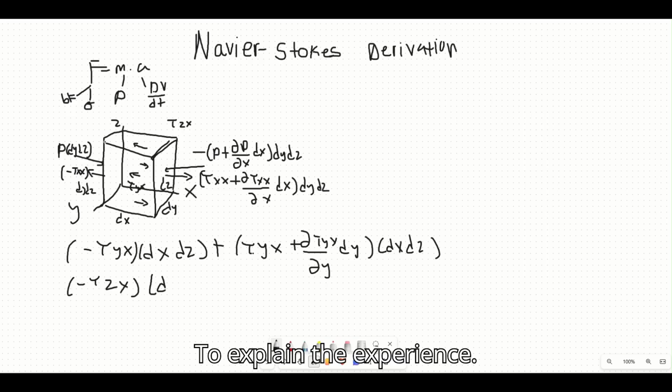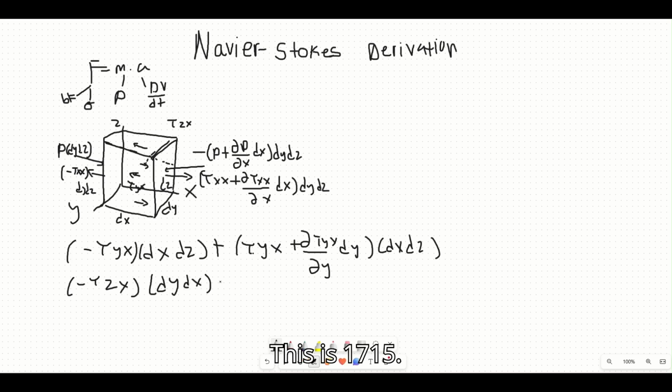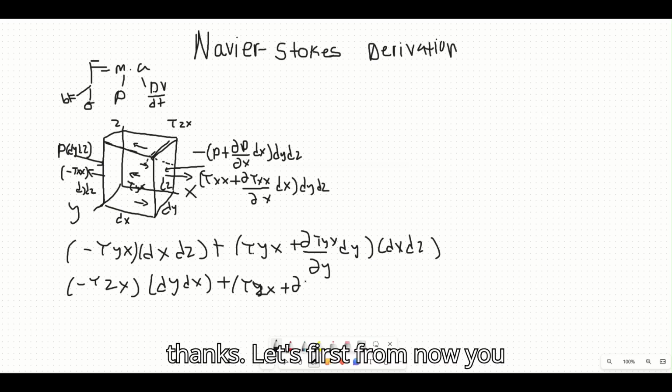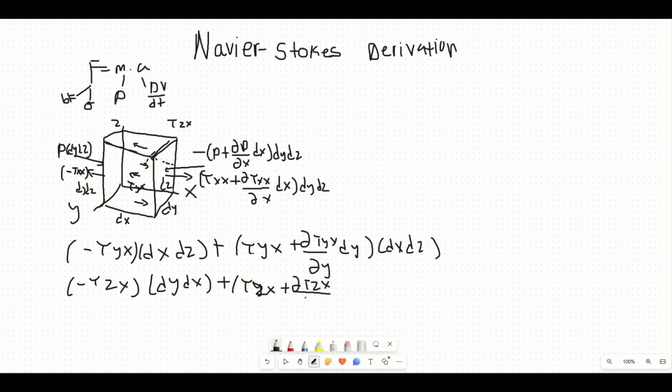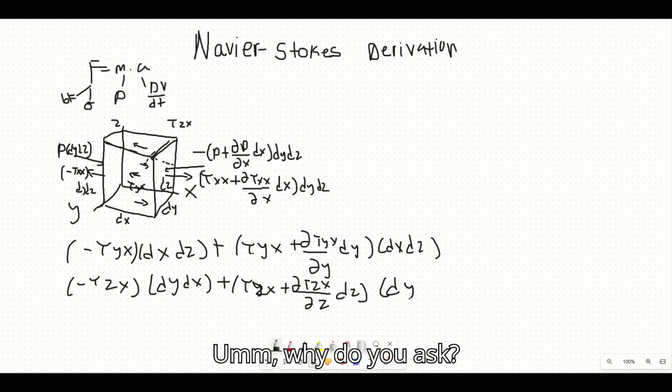If you see that, this is our x, and this is our y. So dy dx, and then tau zx plus partial tau zx over partial z, and we're traveling along this plane, dz, times dy dx.